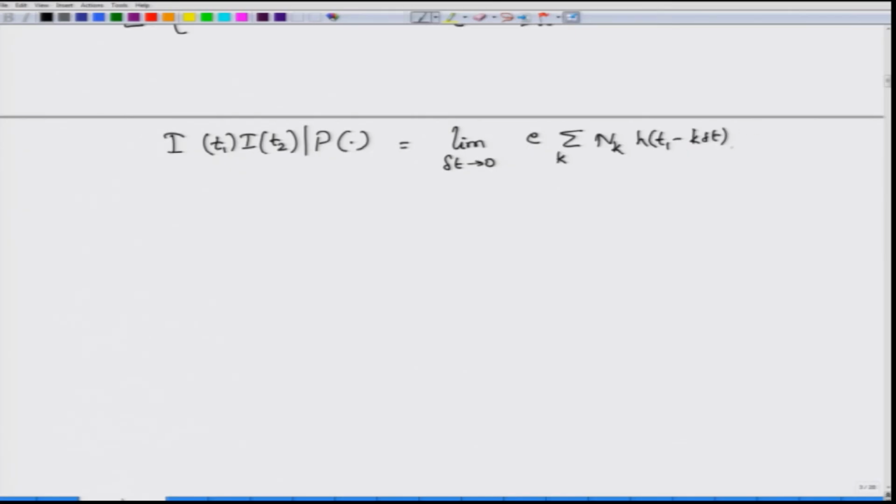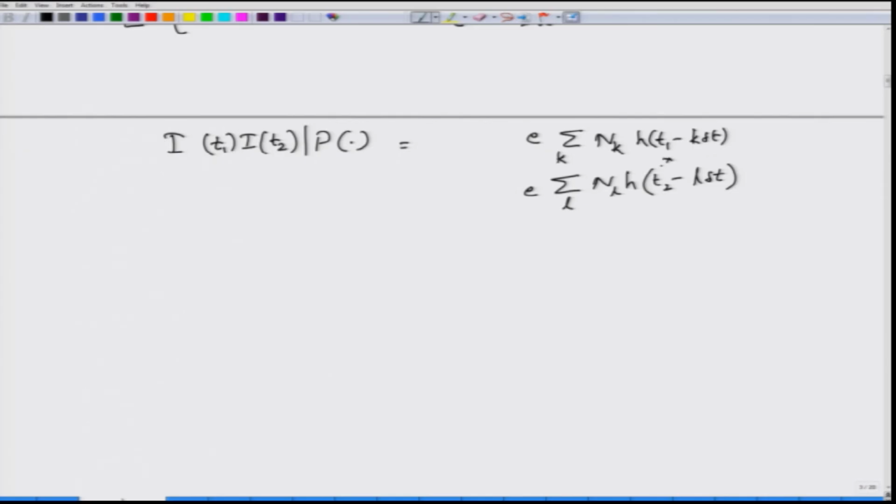Let us not put the limit delta t to 0 now, we will put the limit later. You have one more summation with a dummy variable L, because when you multiply two sums you have to take care of the cross products. So, you have n L h of t2 minus L delta t. This is actually a product.